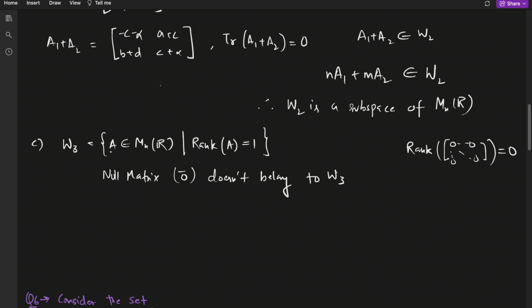But this set is the set of all matrices such that their rank is 1. If that is the case, then the null matrix cannot belong to W3, right? So we can say that the null element doesn't belong to W3. Therefore, W3 is not a subspace.